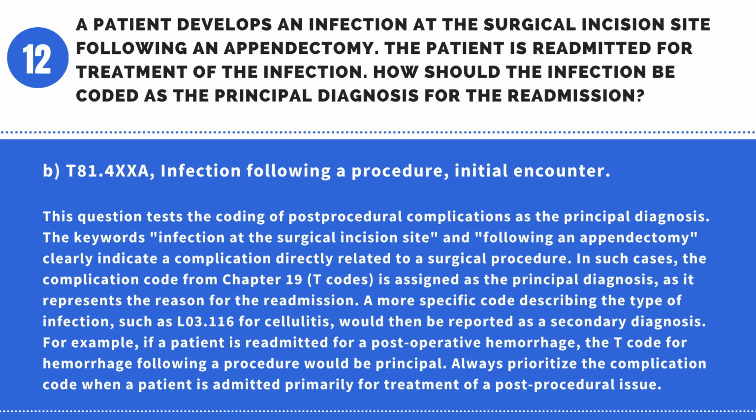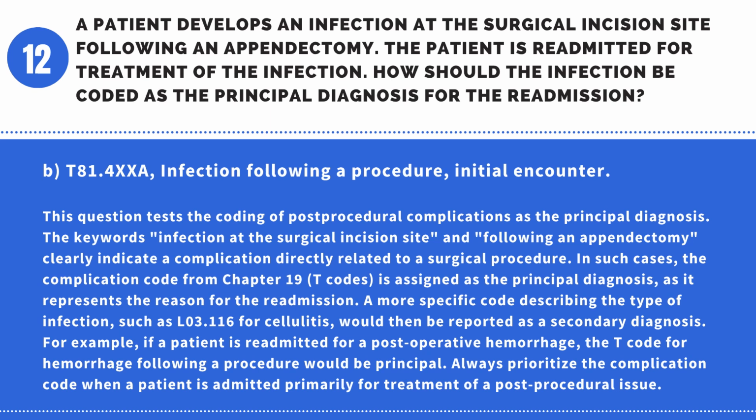T81.4XXA Infection following a procedure, initial encounter. This question tests the coding of post-procedural complications as the principal diagnosis. The keywords infection at the surgical incision site and following an appendectomy clearly indicate a complication directly related to a surgical procedure. In such cases, the complication code from Chapter 19 T codes is assigned as the principal diagnosis, as it represents the reason for the readmission.